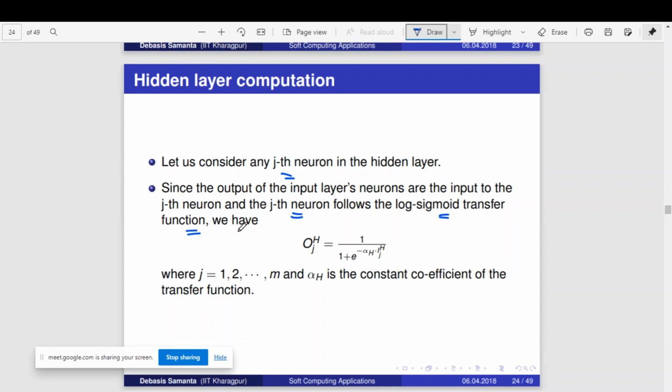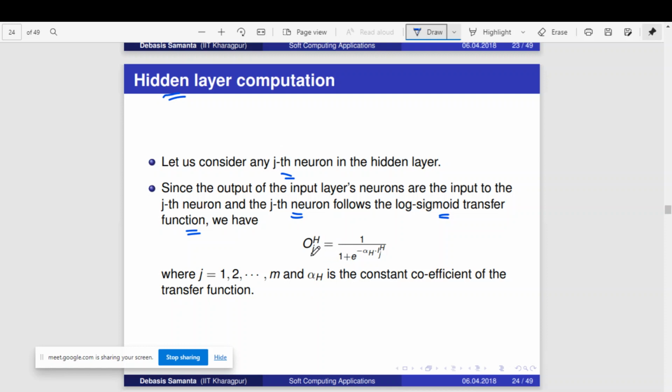So you should remember the transfer functions: in the hidden layer, log sigmoid, and in the output layer we are using tan sigmoid. So in the hidden layer, the transfer function we are using is the log sigmoid transfer function.